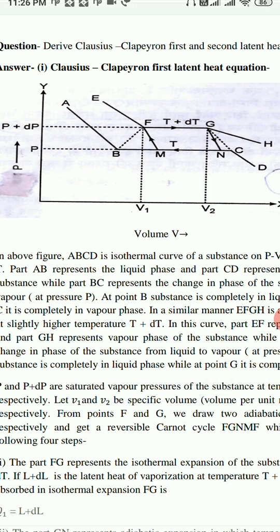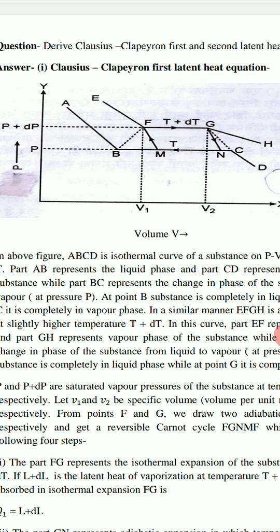If we start from point D, then from D to C, it is gaseous state. In this state, if we move from D to C, we see that when pressure P is increased, its volume is reduced, which is natural for a gaseous state.